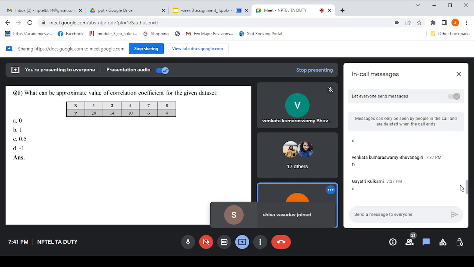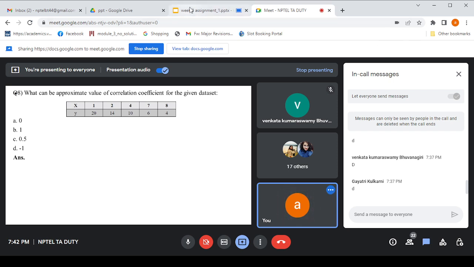So did anyone solve and tell me what is the answer of this question? The value of correlation coefficient R of this particular question. Okay.